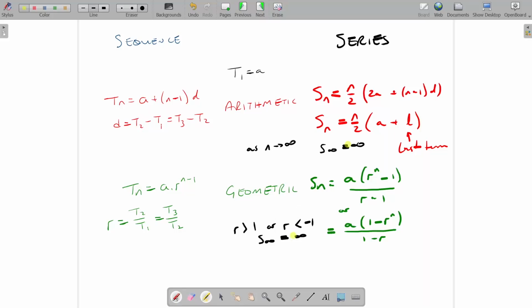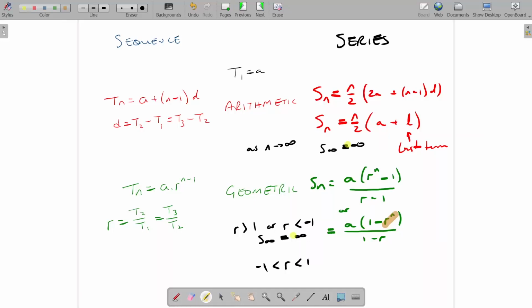What I want to make is the point that if r was trapped between 1 and -1, so if r was a true fraction, a value between 1 and -1, then r to the n, well, let's think about it. If you have a fraction like a half and you square it, it becomes a quarter. It actually becomes smaller.